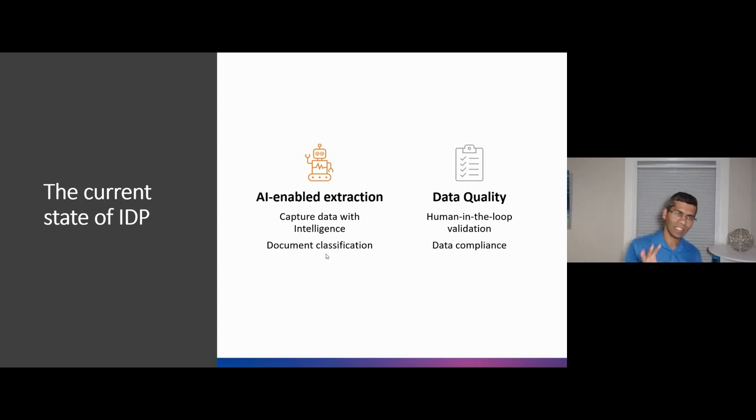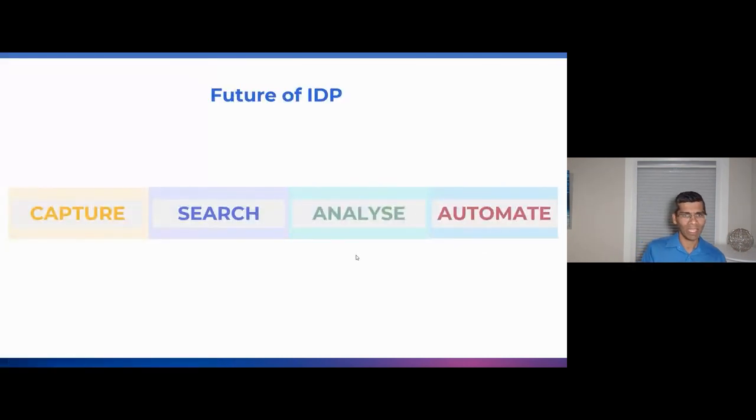Now with this current state of IDP, you know where we are, but where are we going? What's the next step? The next step is very exciting. The future of IDP is not just capturing the data, not just extracting information out of it. It is all about bringing search.